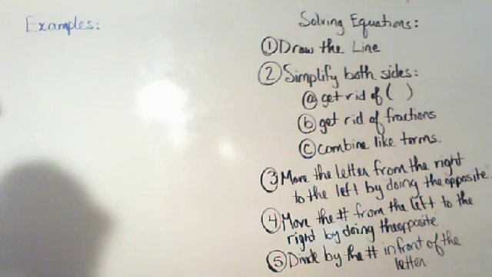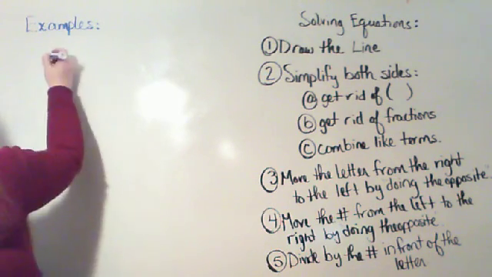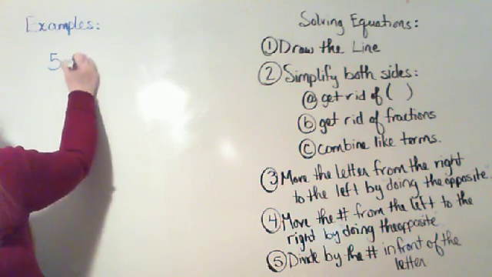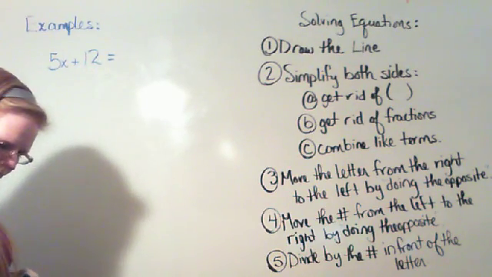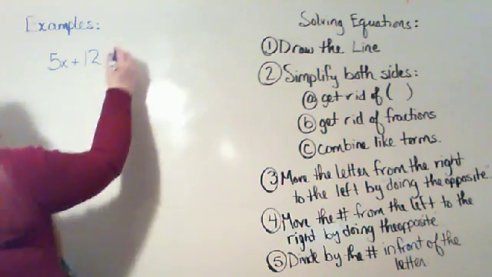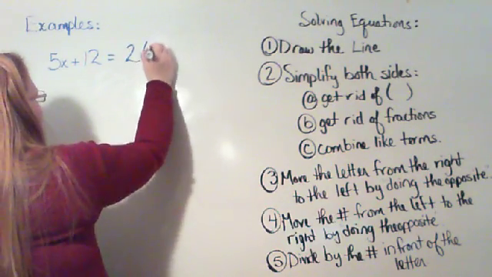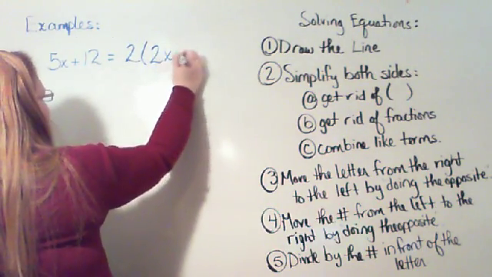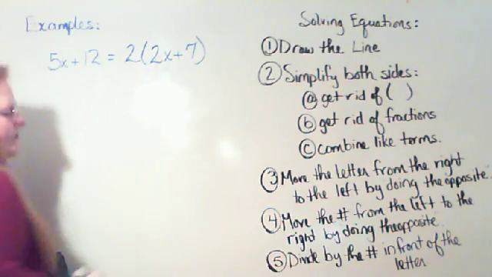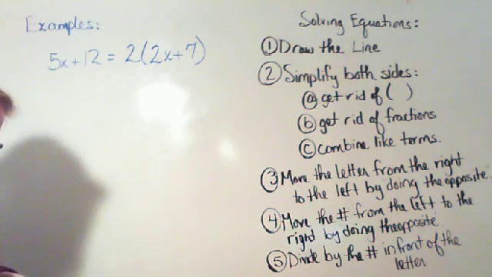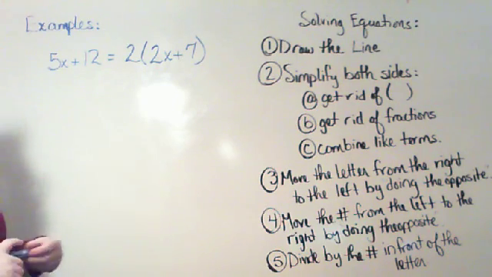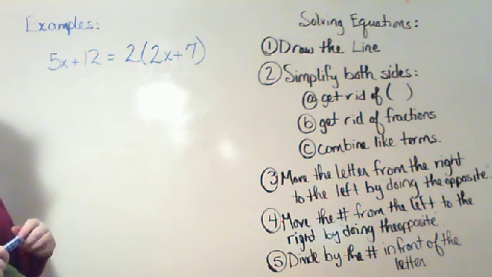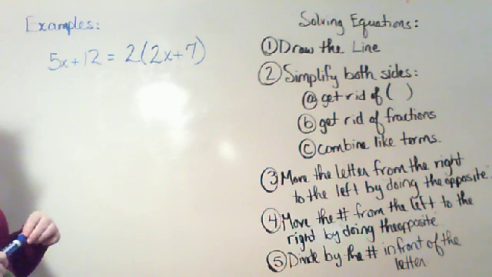So your problem is 5x plus 12 equals 2 parentheses 2x plus 7. Go ahead, hit pause, take a few minutes and try it, and then when you're done you can press play.